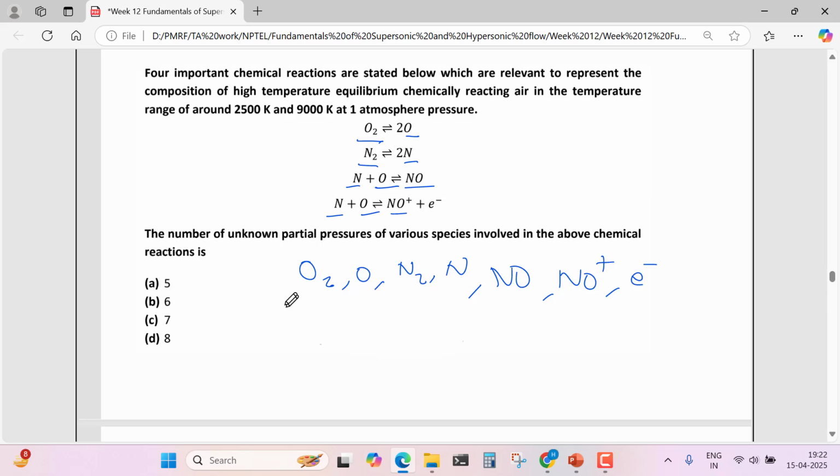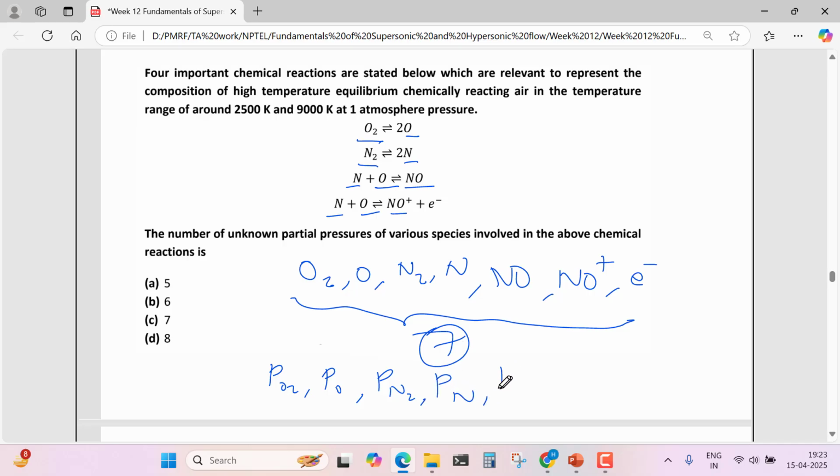So the total species present in the chemical reaction is 7. And each species will have its own corresponding partial pressure, which will be PO2, PO, PN2, PN, PNO, PNO plus, and PE minus.